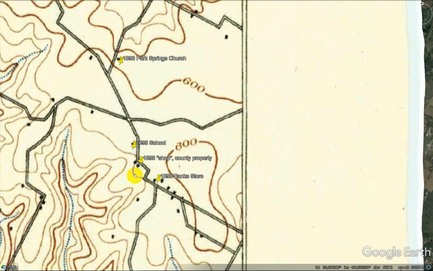And you wonder if, you got a school, you got a store, you got a quote shop. Is that the blacksmith shop? Don't know. Kind of makes you start wondering if this is the center of the Freedman colony, Hayden Springs Freedman colony.